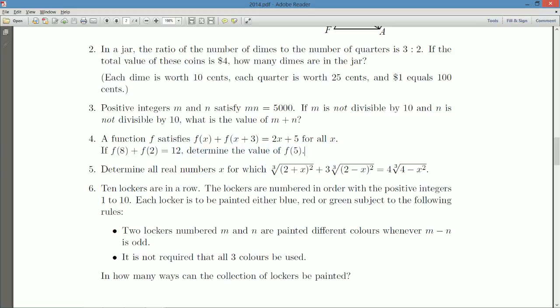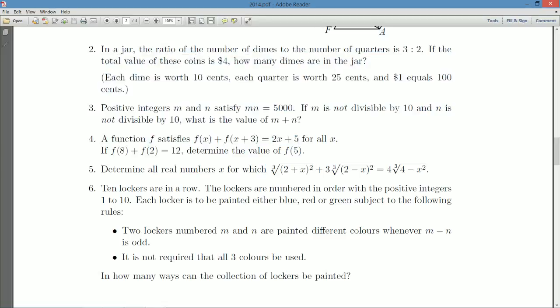Well, all we know about the function, and that's really what you've got to do. You have to focus on what we know about the function, because only the properties we know about the function can really help us. This could be a polynomial in disguise somehow, or it could just be some random function that has this property, and the numbers don't really make a whole lot of sense. But all we know is if we put in an x and f of x plus 3, we have a relationship.